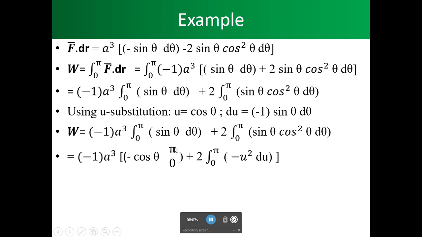Cosine from 0 to pi, we have 2, that constant. And here we replace this with u du. Here we have that constant again. And now we plug in cosine of pi and cosine of 0. Here we have a negative, we bring that negative out, that 2. And now we have what? 1/3 u cubed.